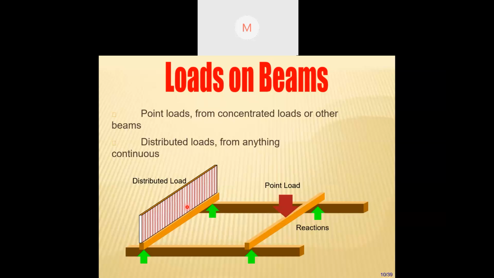Now, apart from point load, there is another type of load which is called distributed load, or uniformly distributed load. Look, in this beam there is a point load acting, so this is called a concentrated or point load. Now here, in this type of beam, the load is on the whole beam.